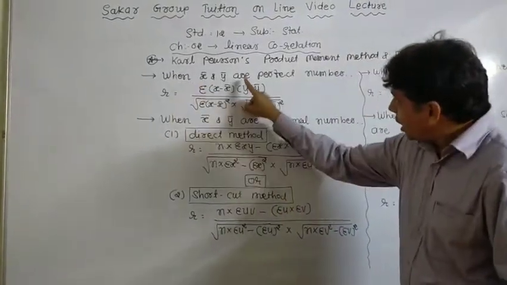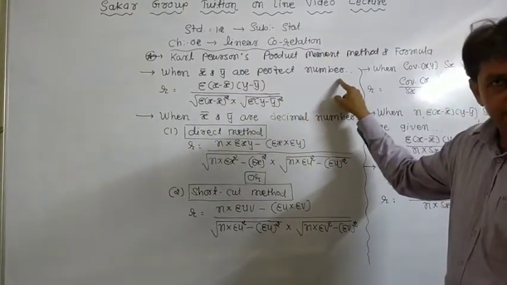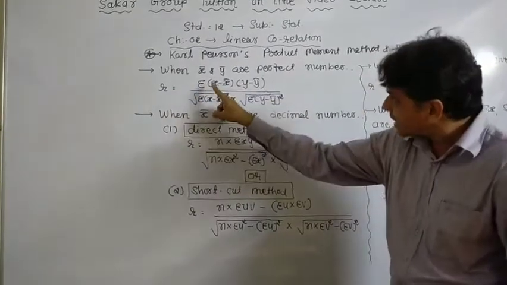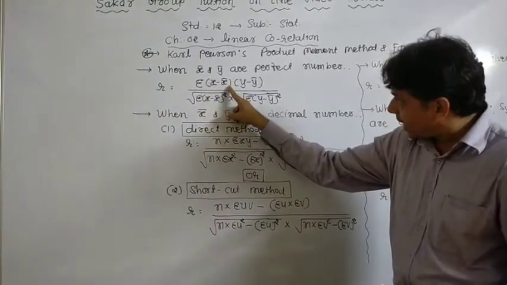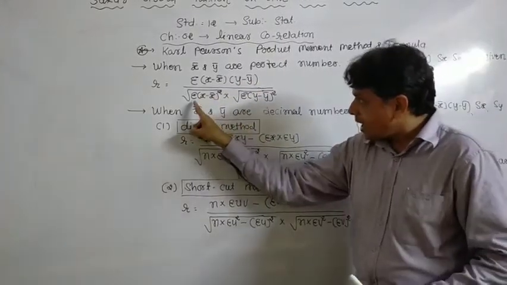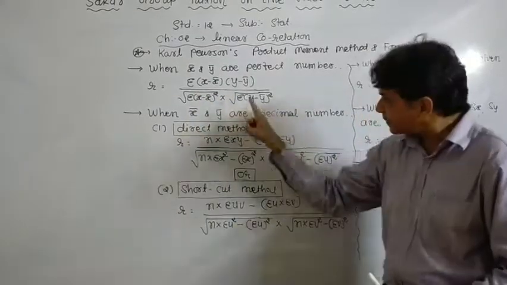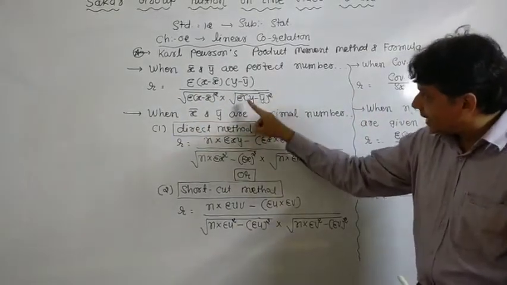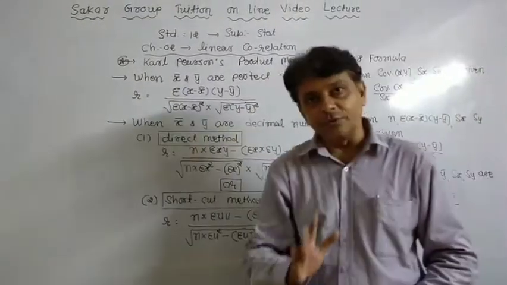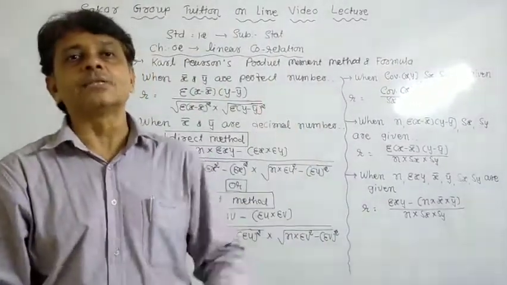If x bar and y bar are perfect numbers, then we use this formula: R equals sigma (x minus x bar)(y minus y bar) divided by under root sigma (x minus x bar) whole square multiplied by under root sigma (y minus y bar) whole square. After solving this, the question is how we understand where this formula is to be used.